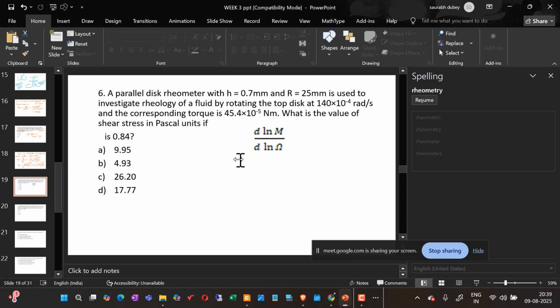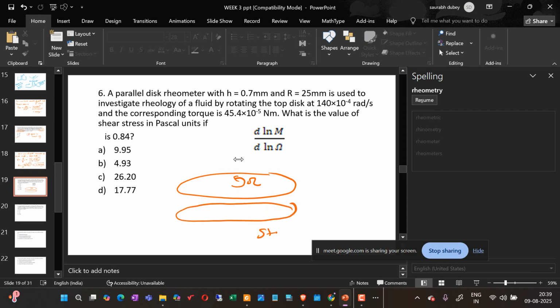It is required. So a parallel disc rheometer with h equals to 0.7 mm and r equals to 25 mm is used to do so. If you see the geometry of that rheometer, this is a disc, and this disc is rotating at rotational speed of omega, and this is another disc, and this disc is a static disc, right?